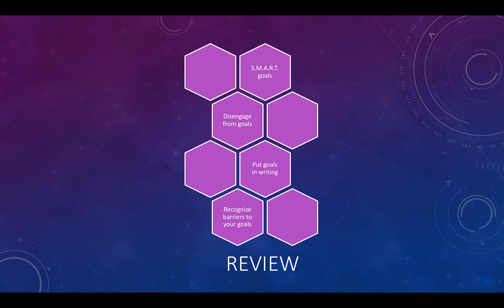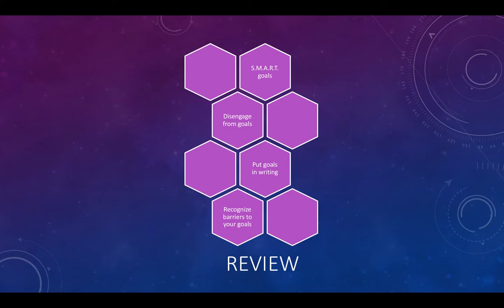So, our brief review. When you're making your goals, you want to make sure that you are using the SMART goal principle. What does that mean? It means that you want your goals to be as specific as possible. We want them to be measurable, so whether that is steps walked in a day or minutes of activity recorded or calories counted.